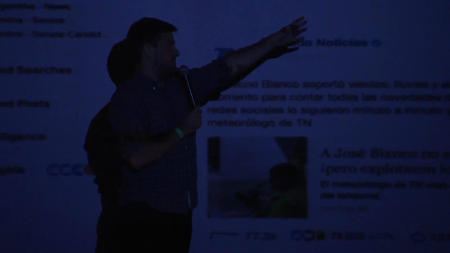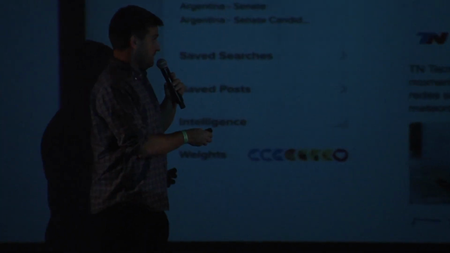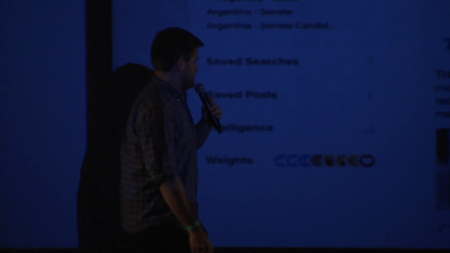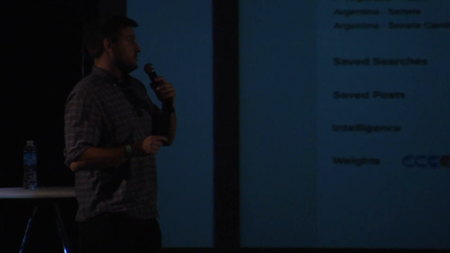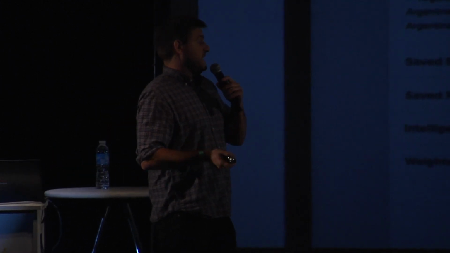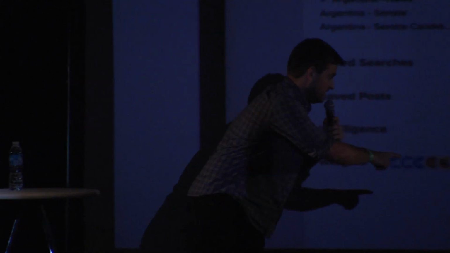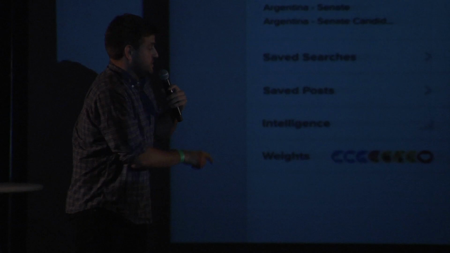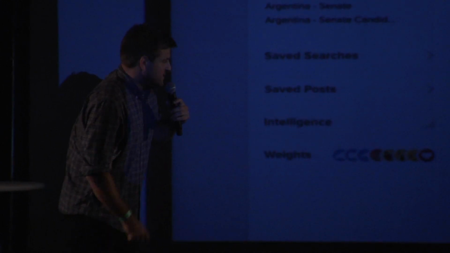You could look at links, videos, photos, but we're looking at all posts, and this happens to be a post from Todo Noticias, and it's performing 77 times better than an average post from TN would normally perform. So it has 77,000 more interactions or reactions, almost 7,500 more comments, and so this post is doing amazing.